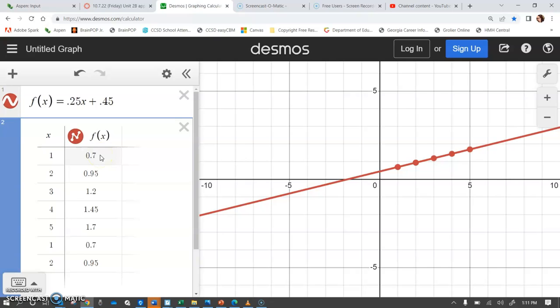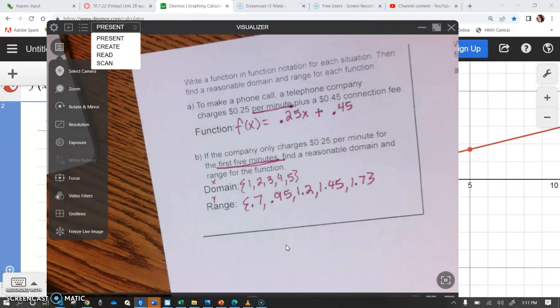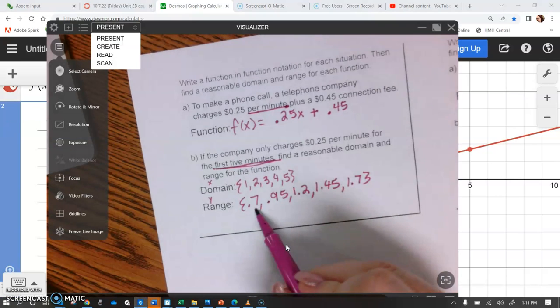We have 0.7, 0.95, 1.2, 1.45, and 1.7. So on your notes, if we go back, you can fill in those values for your range.